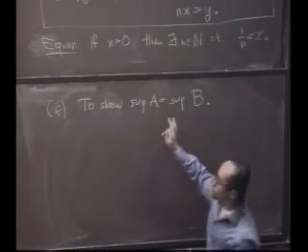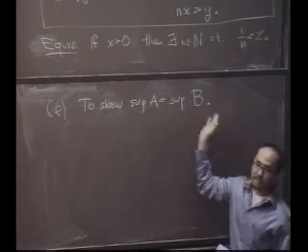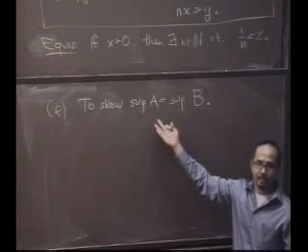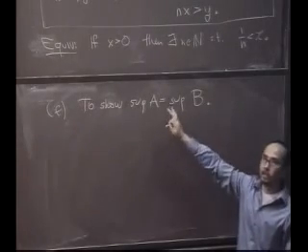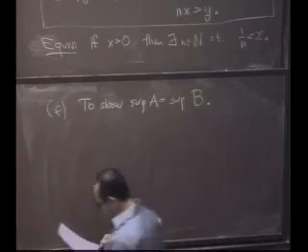Now, if you're lucky, the two sets might be the same, right? Then it's easy to see why this is true, to prove what you just said. But that's not necessarily going to be the case. So here's one strategy.